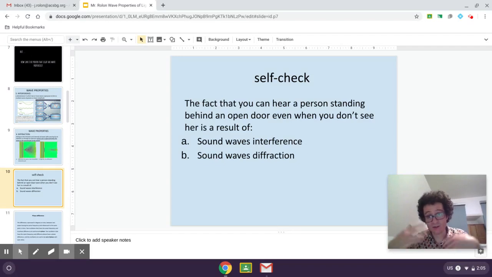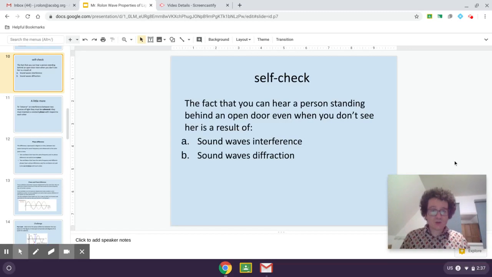Self-check: the fact that you can hear a person or a speaker behind an open door even when you don't see the person or the speaker is a result of sound wave diffraction. Great. We already know what interference and diffraction are. If we can prove that light has interference and diffraction, we will prove that light is a wave.